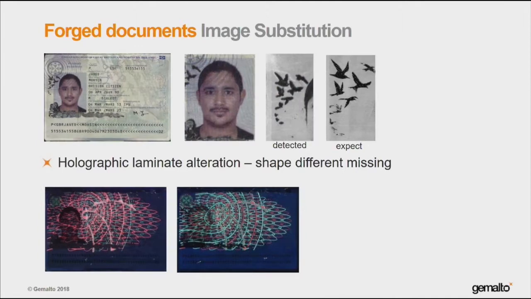And in this example, we have image substitution, where they had attempted to mimic some of the holographic laminate. As you see on the left, we see the expected pattern, but the detected pattern is different, and that was picked up as an issue, as well as the UV was not correct.